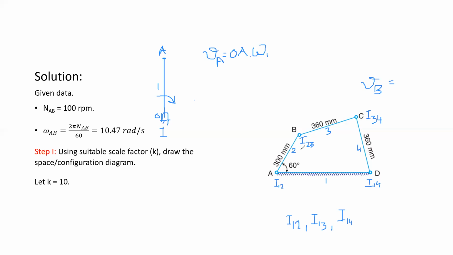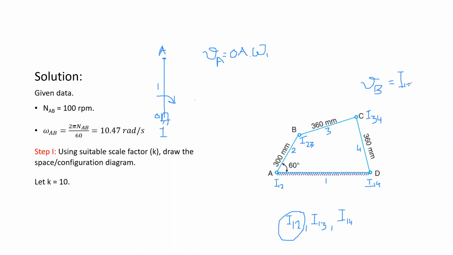If it is on link 2, then you have to look at the ICR of link 2. Which is the ICR of link 2? I12. You don't have to take any other ICR; you have to take the one that is with the fixed link, because we have to find the absolute velocity, not the relative velocity. Absolute velocity is the velocity with respect to a fixed reference, not with respect to a moving reference. So I found that the center of rotation for link 2 is I12.